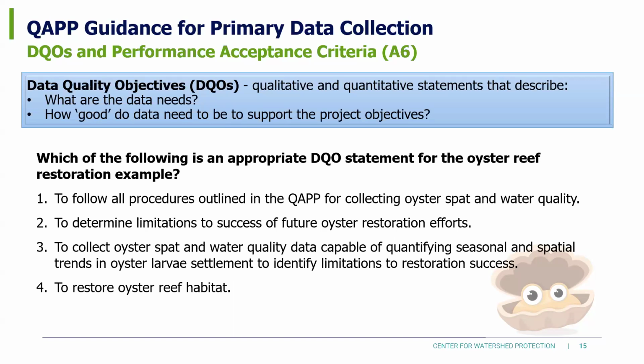The third is to collect oyster spat and water quality data capable of quantifying seasonal and spatial trends in oyster larva settlement to identify limitations to restoration success. And the fourth is to restore oyster reef habitat. Of those four, which one do you think is an appropriate data quality objective statement? You can either unmute yourself and shout it out, or you can put it in the chat box.